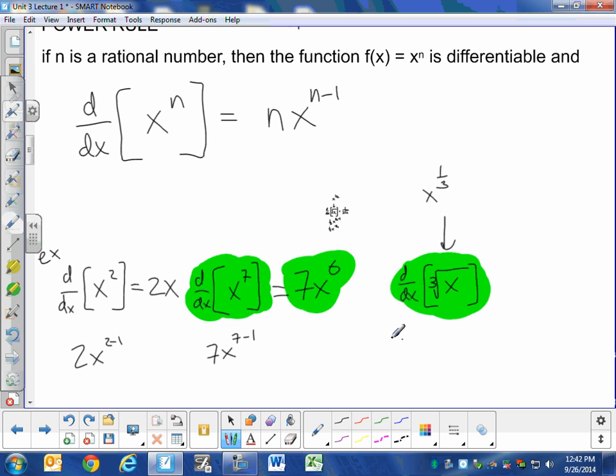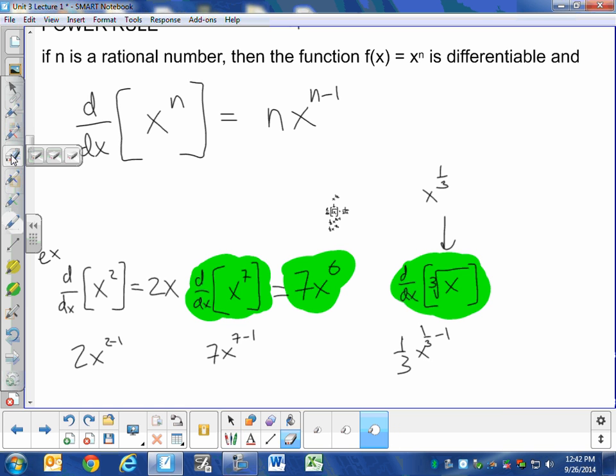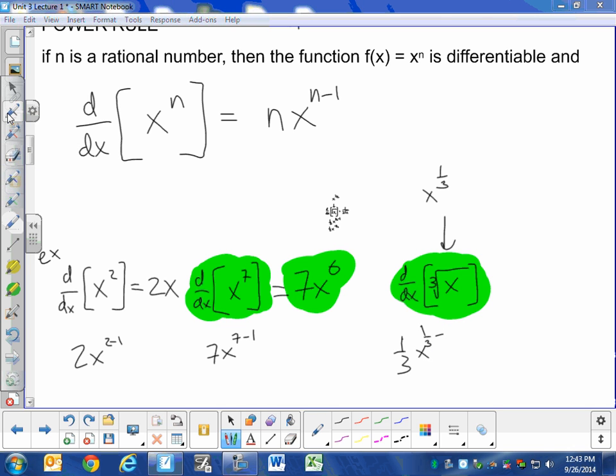So I'm going to move the exponent down and then subtract 1 from 1/3. Now, subtracting 1 from 1/3, that's like subtracting 3/3. So I'm subtracting 3/3 from 1/3, I get negative 2/3. So I get 1/3 x to the negative 2/3.